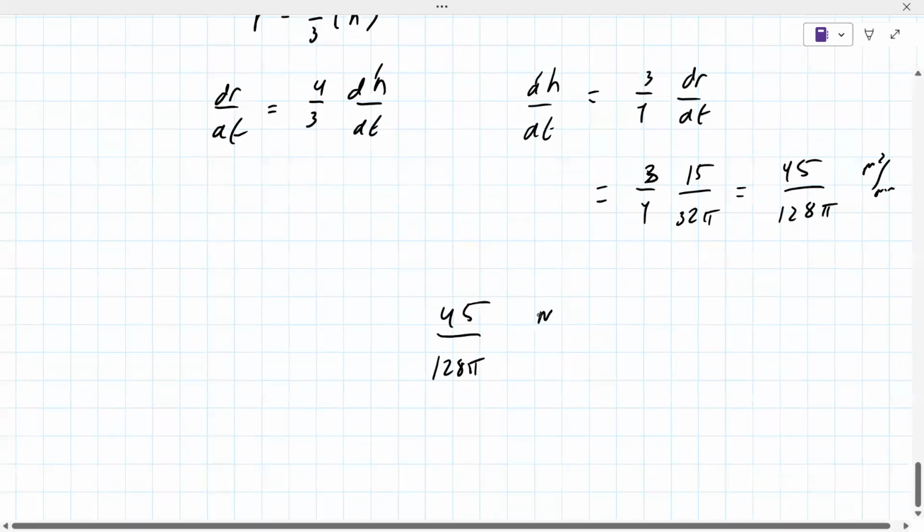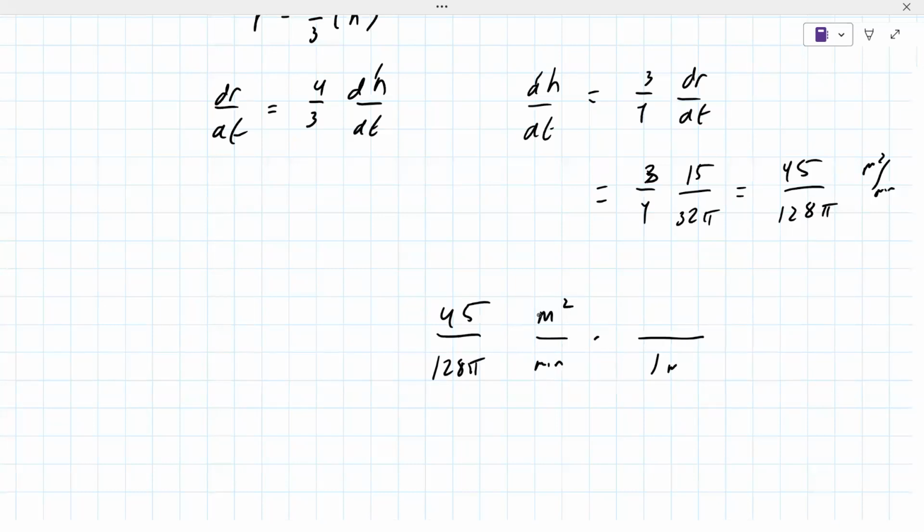Sorry, meters squared per minute. In 1 meter, there are 100 centimeters. So to get the squared, you square the top and the bottom, and that's how you proceed. You basically just multiply your answer by 100 squared.